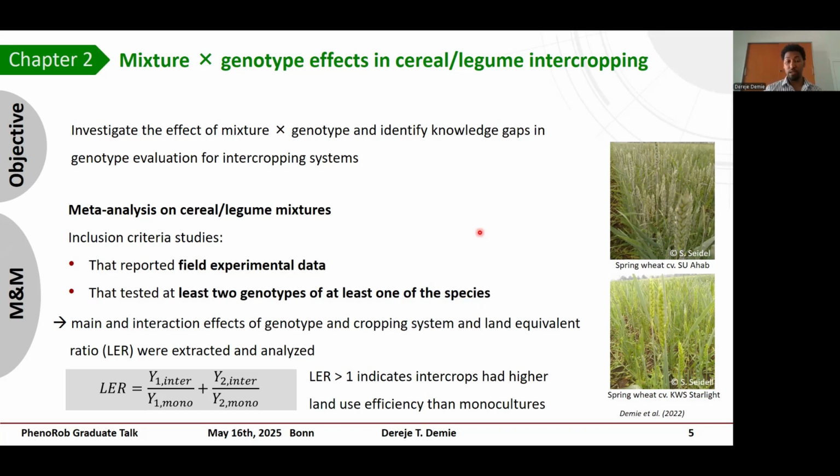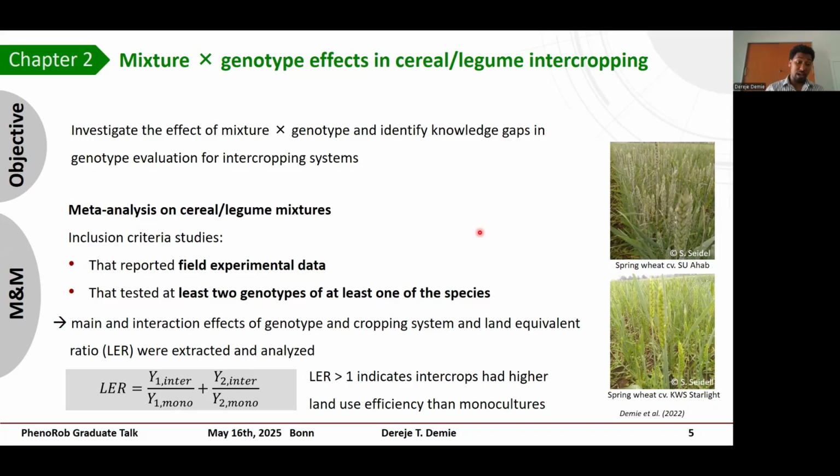Secondly, we extracted land equivalent ratio. This land equivalent ratio is an index for land use efficiency. And please note that this is a term I will frequently use in the rest of my presentation.